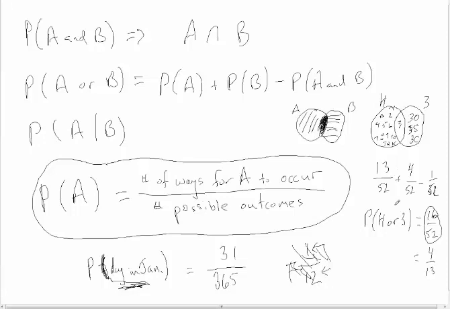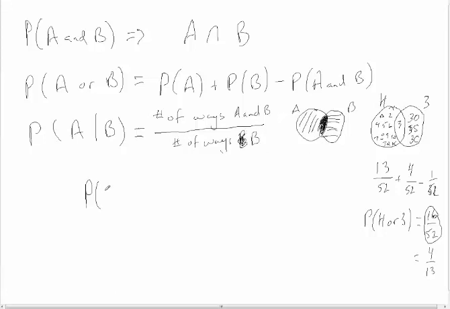And then the probability of A given B, that conditional probability, is simply the number of ways to get A and B divided by the number of ways to get B. So, for example, what's the probability that we get a 3 given that it's a heart that we draw?